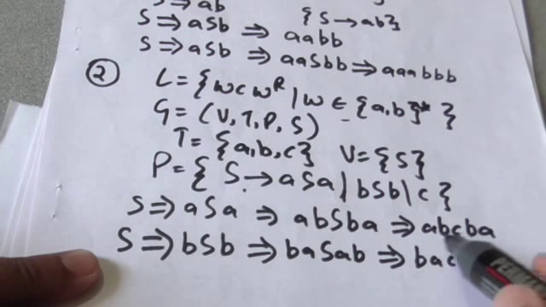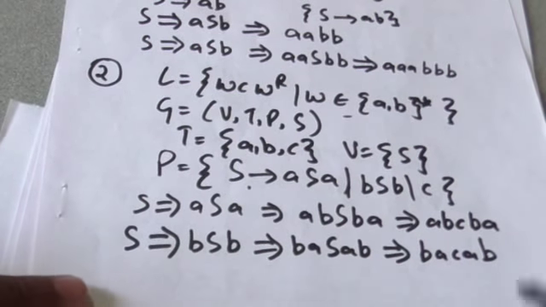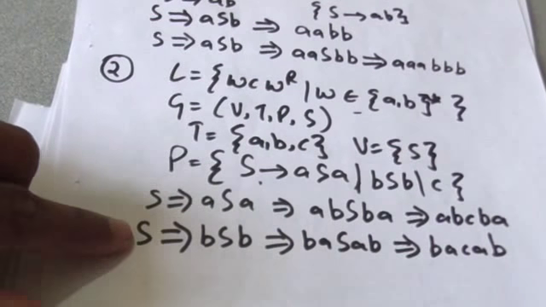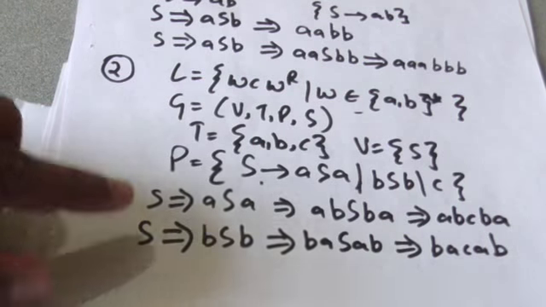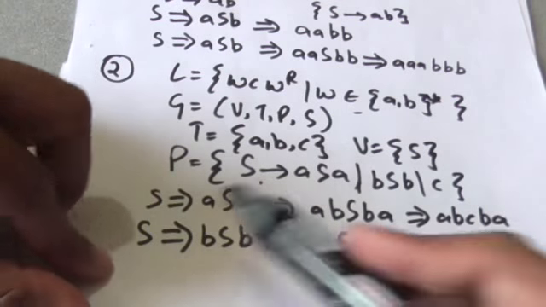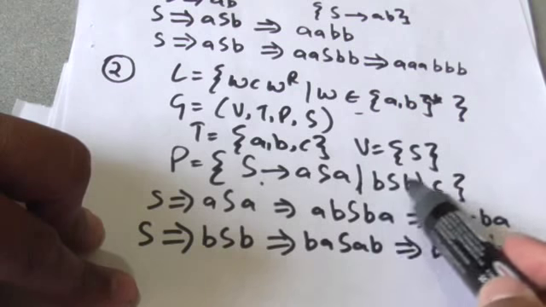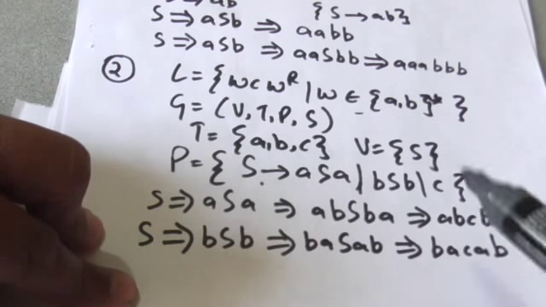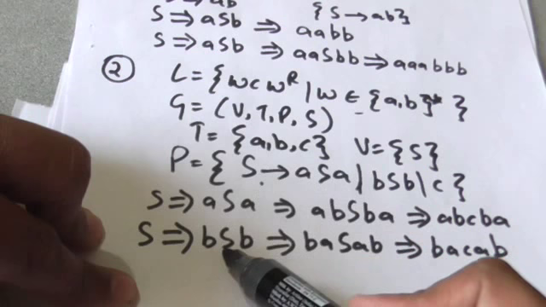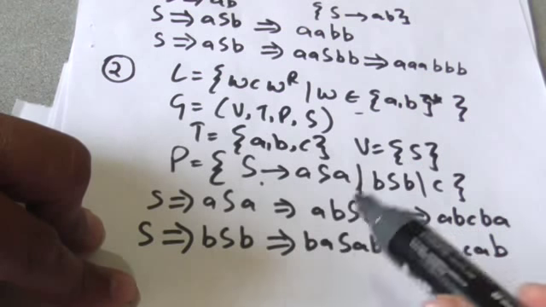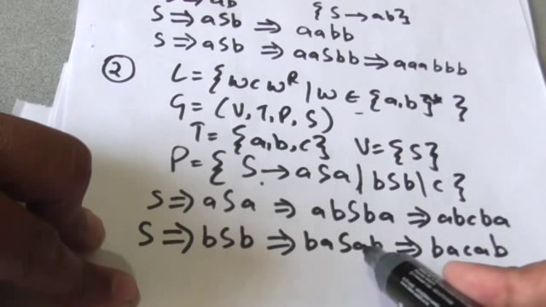Now let us see the derivation of this string. We start from S, the start symbol S. Here we have applied the production rule S derives bSb, so S is replaced by bSb. Now here we have applied the production rule S derives aSa, so S is replaced by aSa.